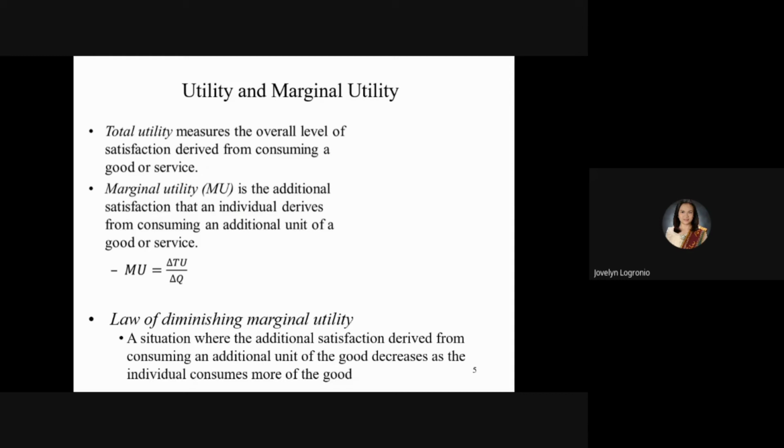For example, sa first slice of pizza, the happiness from consuming the first slice of pizza is 100. Sa second slice, the level of satisfaction is 50, for example.